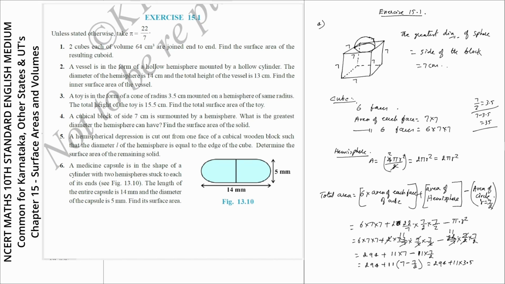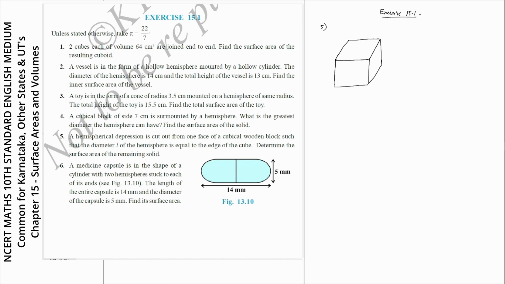So total now you will get 294 plus 11 into 3.5. So totally you will get 2.5 centimeter square is the answer, total area. And that completes this problem.